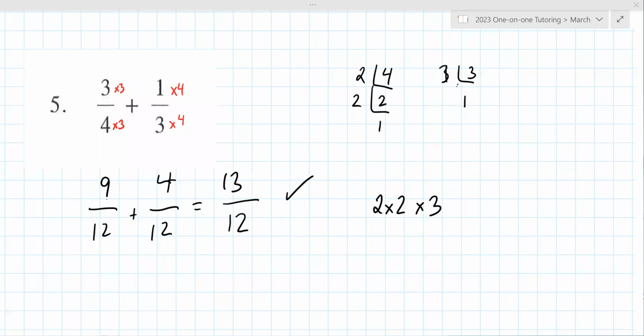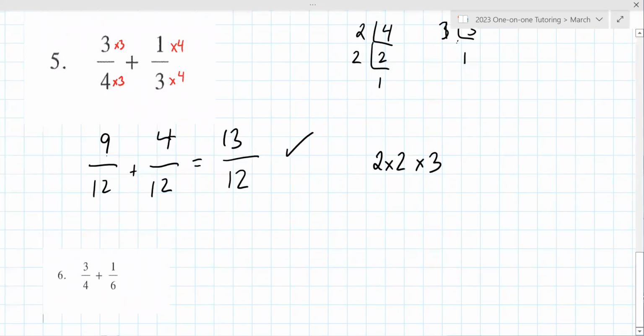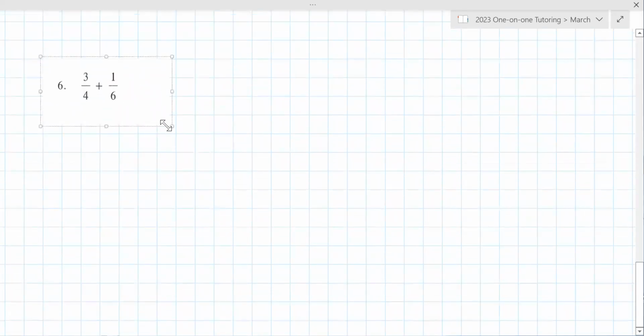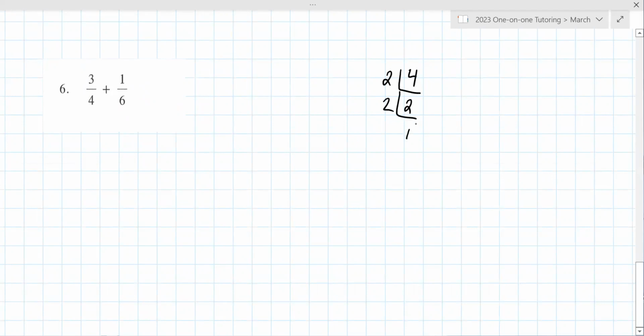right, let's do number 6 here. All right, so we're looking at the LCM of 4 and 6. So you got to build that factor tree again. Okay. Hopefully you're getting nice and fast at these. 6.